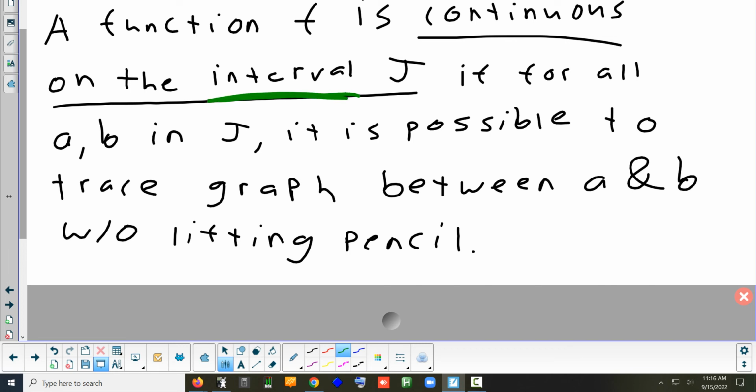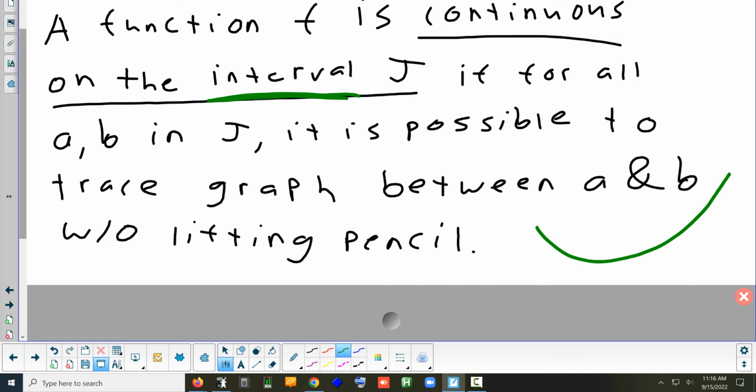A lot of times you can find a small section on any graph that is continuous if you make it small enough. If my graph was continuous over the interval from 0 to 10, that means I could put my pencil on 0 and trace all the way to 10 and never lift my pencil.